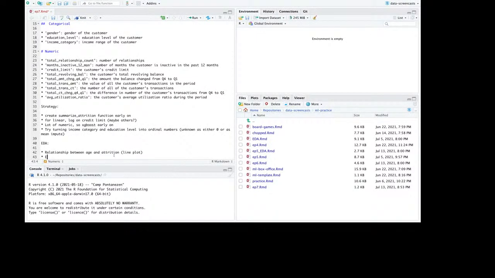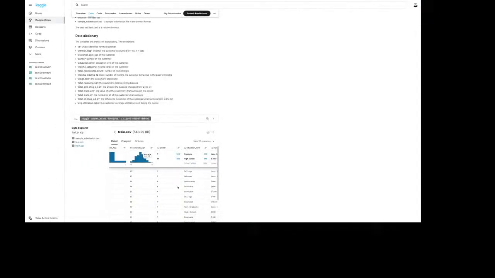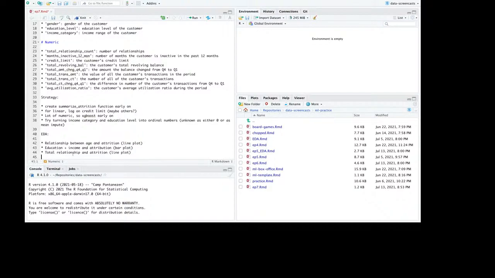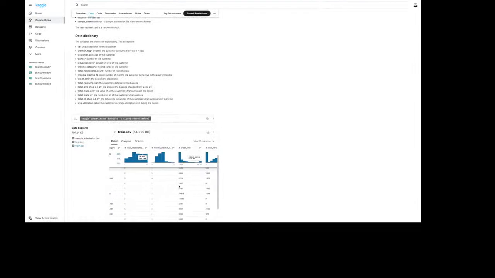Education and income and attrition will probably be a bar plot. Then income category and total relationships against attrition as a line plot. I'm not adding a lot by looking into these.